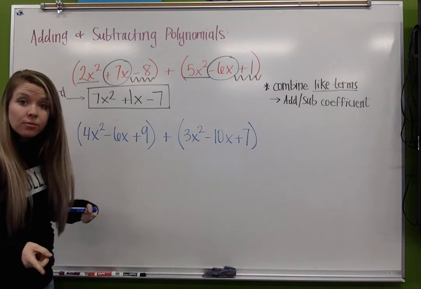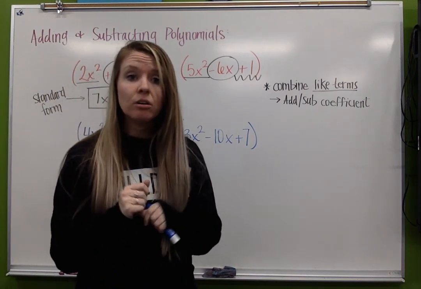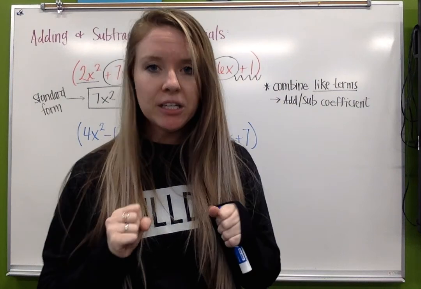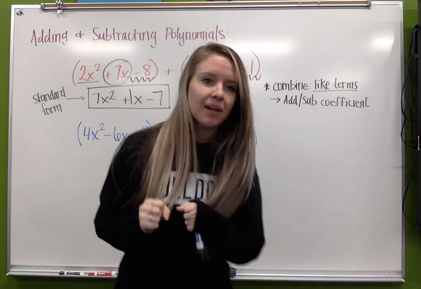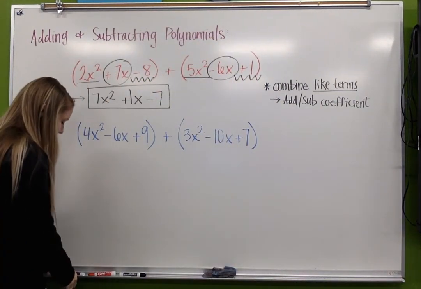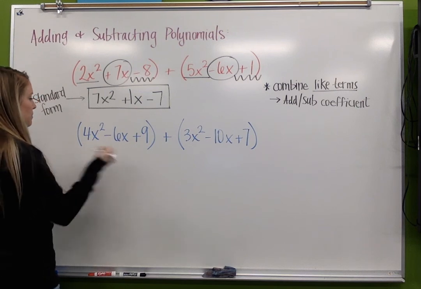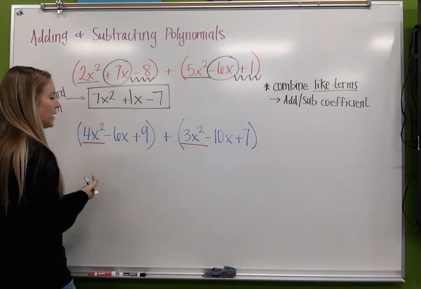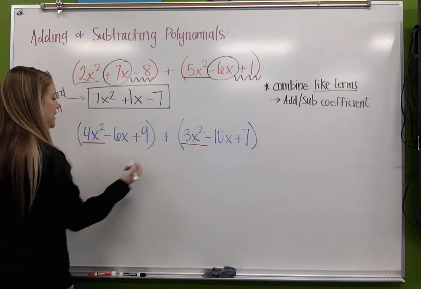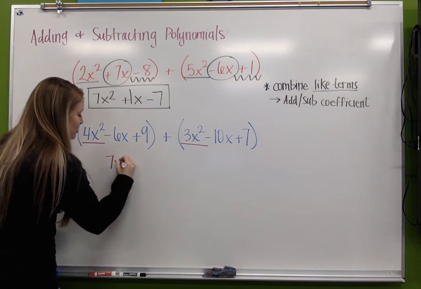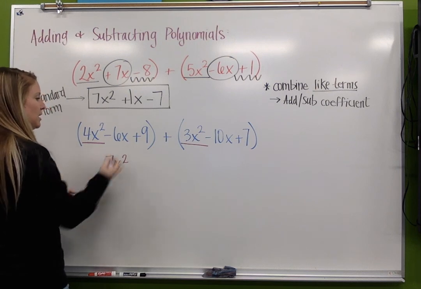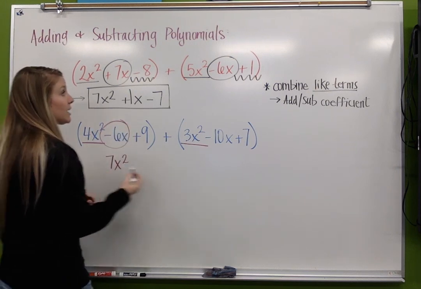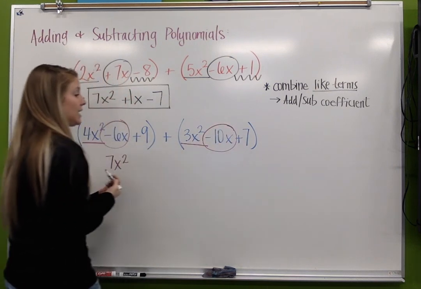You can push pause right now, try this problem on your own, see if you understand, come back and check in, see how you did. All right, so if we're going to combine like terms, I have my 4x squared and my 3x squared. 4 plus 3 is 7x squared. Then I have my negative 6x and my negative 10x.